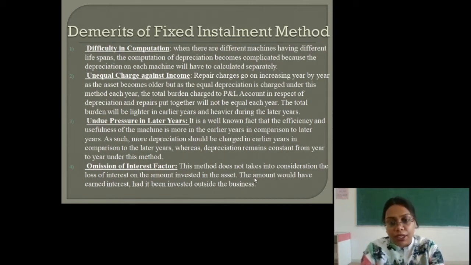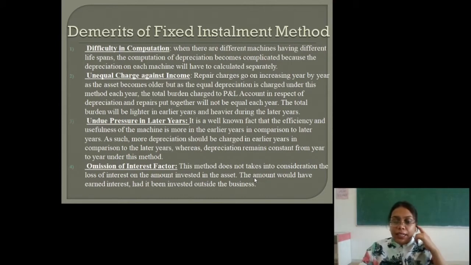So this method does not take into consideration the loss of interest on the investment made in an asset. Obviously, the amount of investment would have earned some interest, but it is ignored by the fixed installment method.